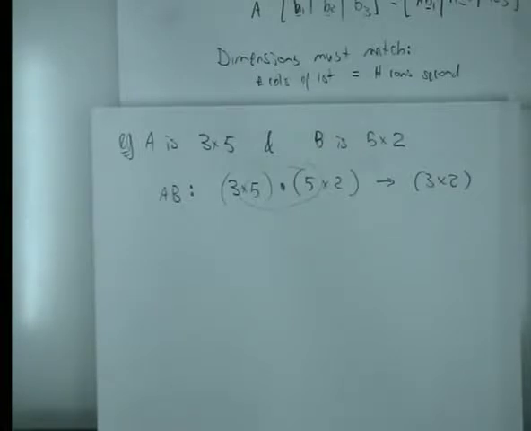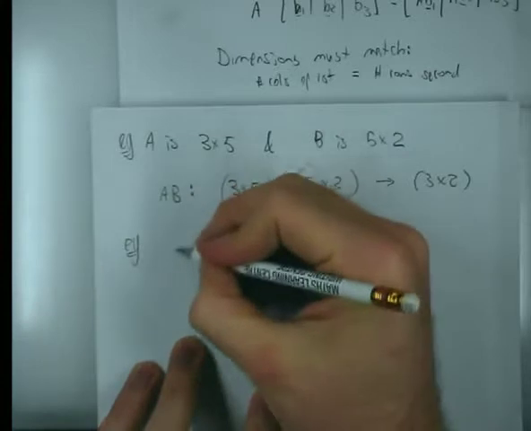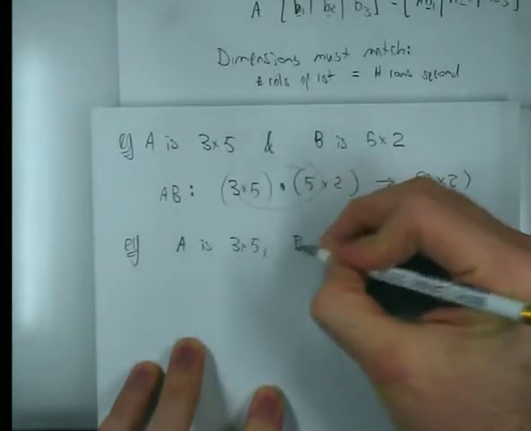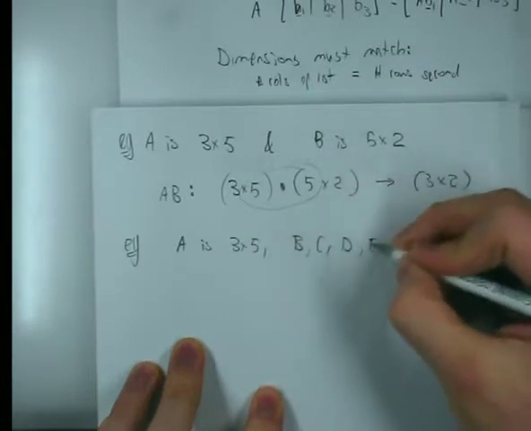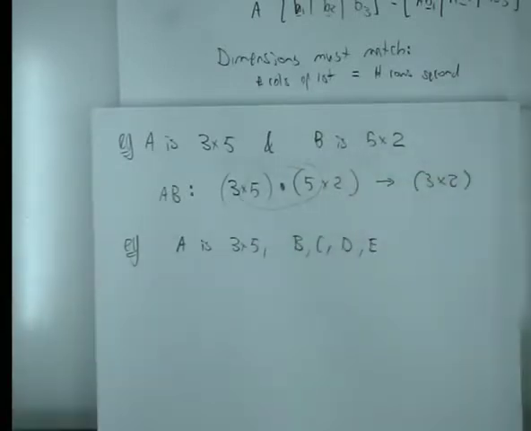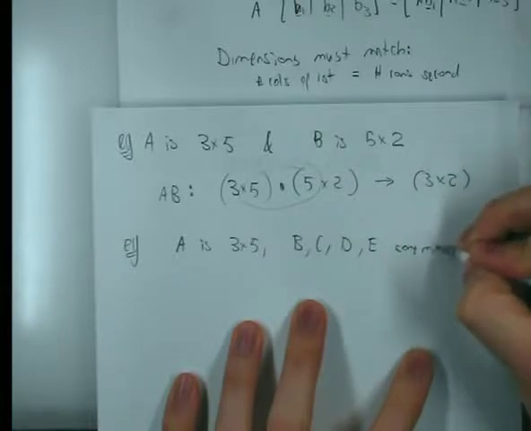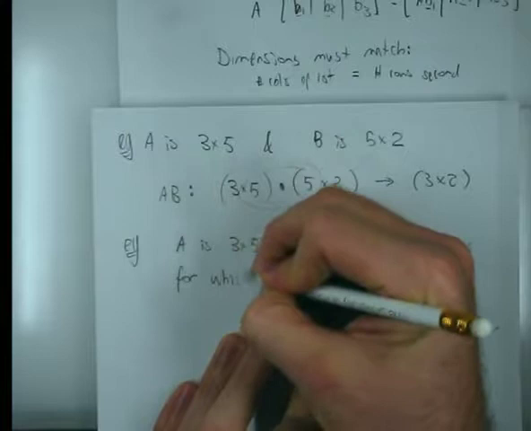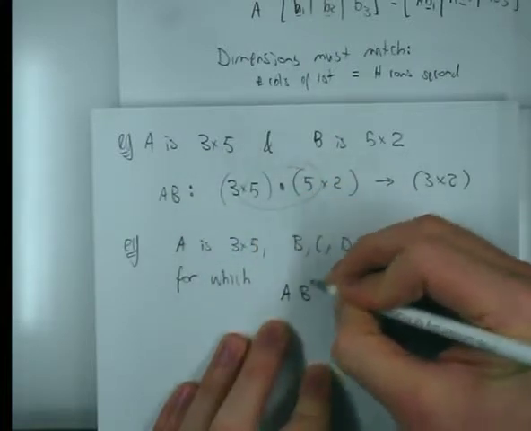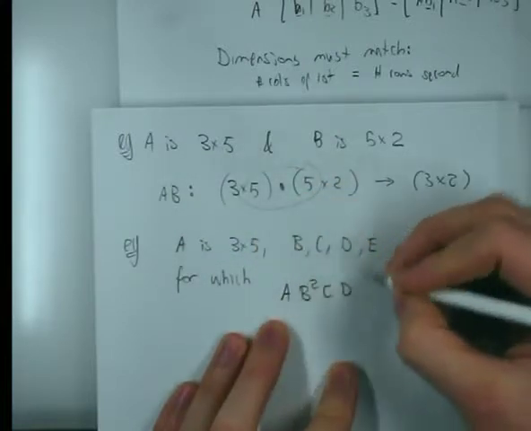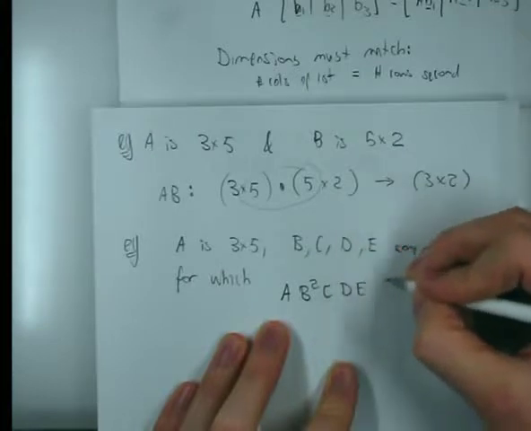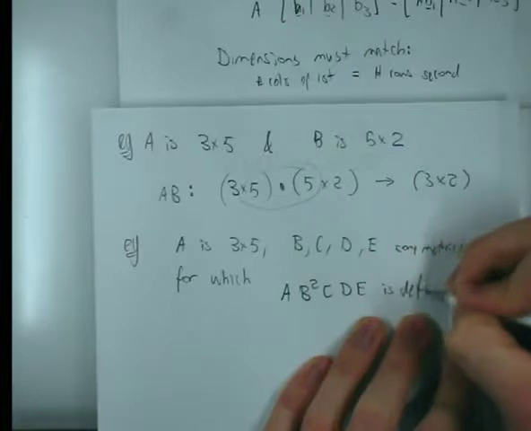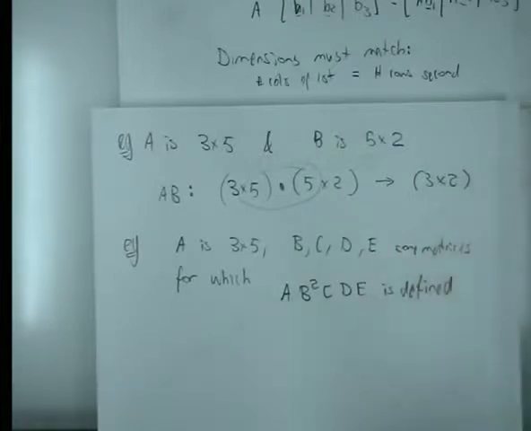And that means that you can do this classic problem which says, you know, A is 3 by 5, and B and C and D and E are some matrices for which that is defined.